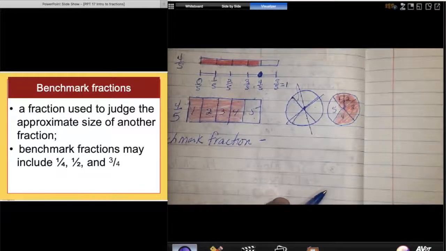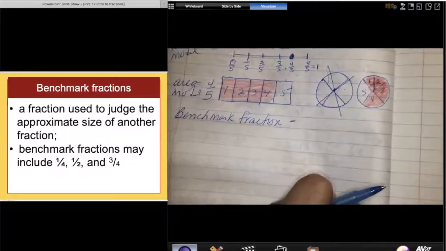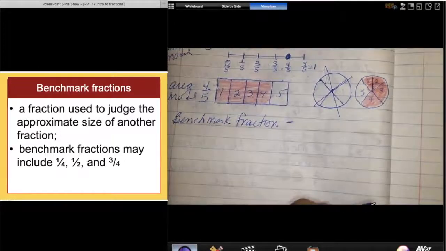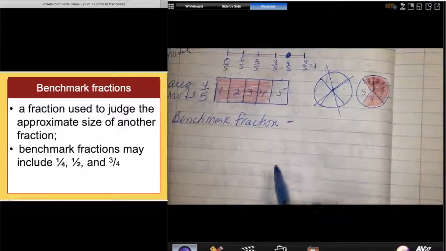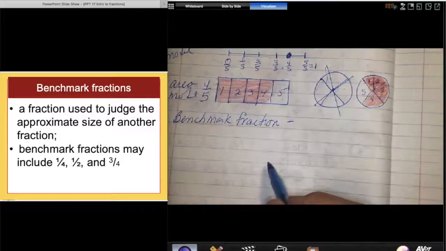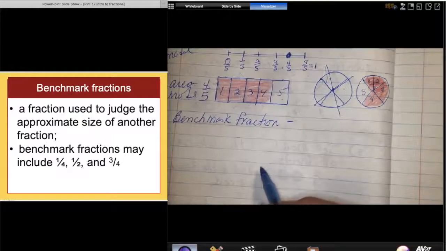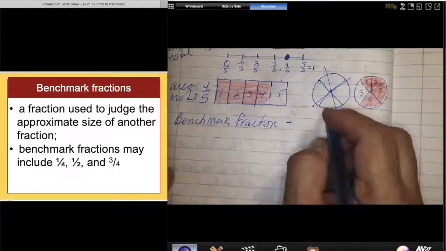Another way of looking at that, they are the easier fractions to memorize or to identify. Half, 1/4, 3/4. If you're drawing something like 5/6 or 7/8, those are not as common. And so the more easily recognized fractions would be 1/2, 1/4, so benchmark fractions.